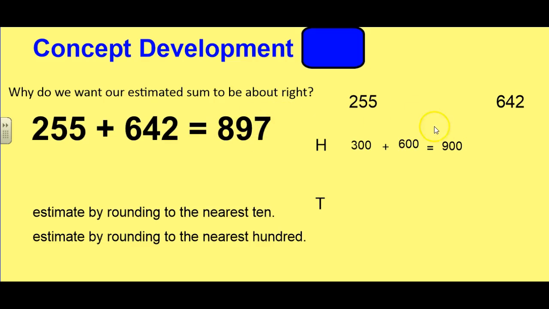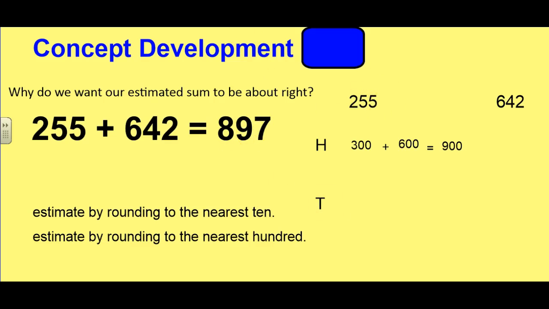Looking at these two numbers, I would say that 900 is very close to 897, because all I would have to do is count on 3 more from 897 to get to 900. So when I rounded to the nearest hundreds place, it got very, very close. So let's try the nearest tens place and see if we get close as well to the actual answer.